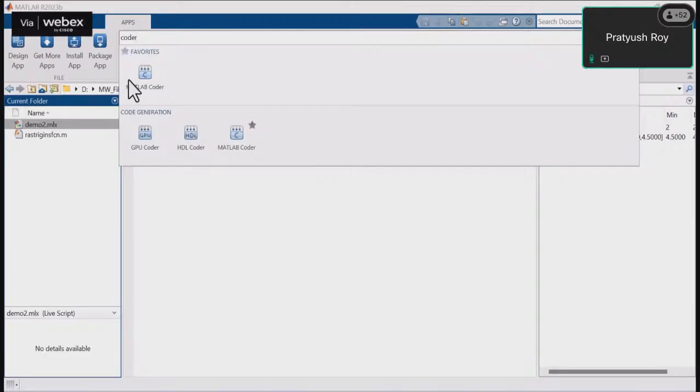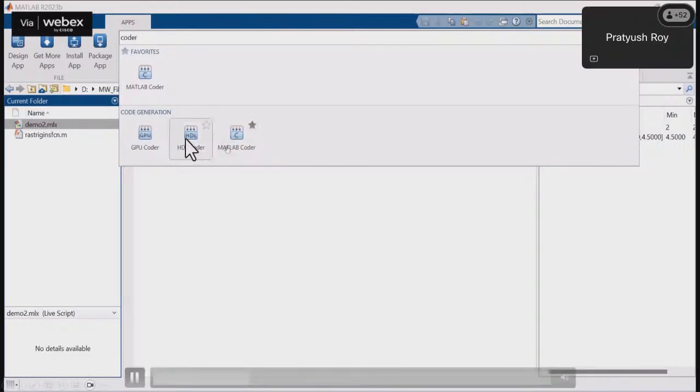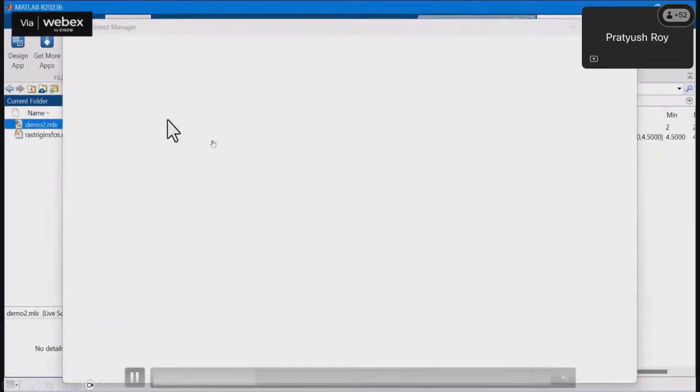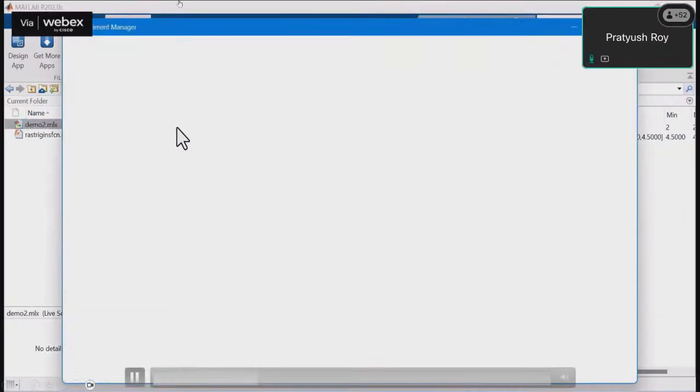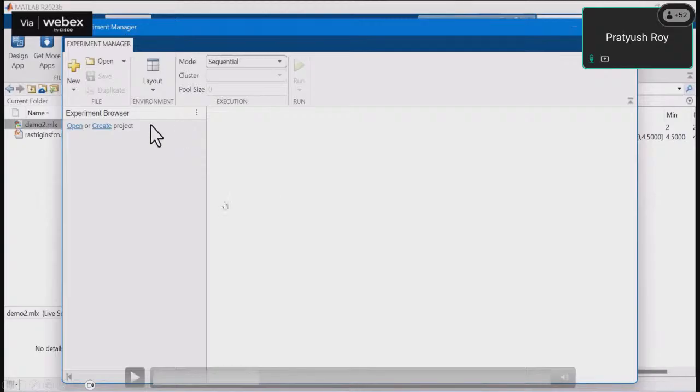In case you want to execute things in code, you want to generate the C or C++ code so that this can be deployed to any hardware, that is possible. But here what I'm showing you is the app called Experiment Manager. This Experiment Manager helps you to design experiments based on changing the hyperparameters of the algorithm.